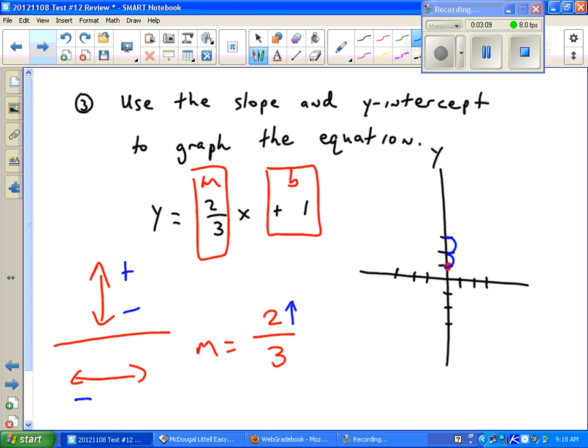If it was a negative number, you go to the left. Positive number, you go to the right. We have a positive 3, so it tells us to go to the right 3 times. So we went up twice, we need to go over 1, 2, 3 times, and we put our second point at 3, 3. Once you have both of your points, you connect them with a straight line, and that would be your graph.